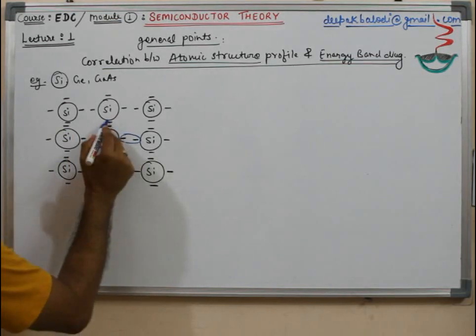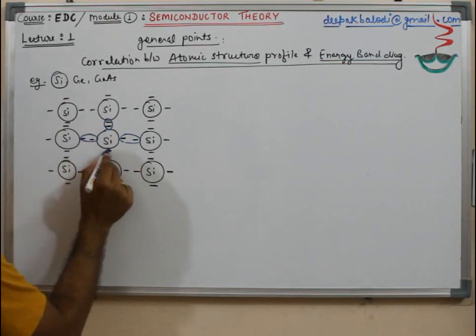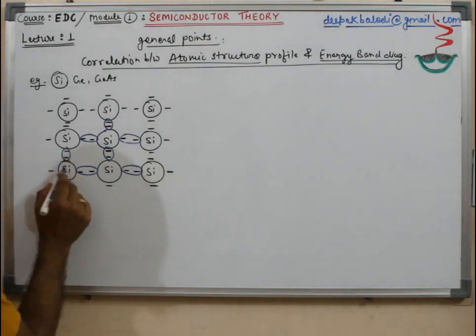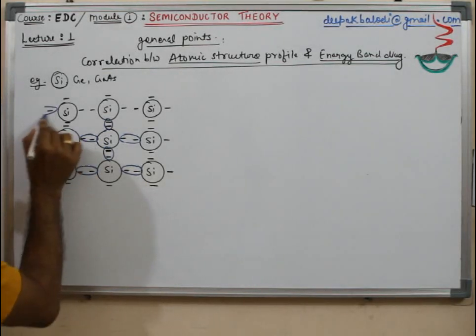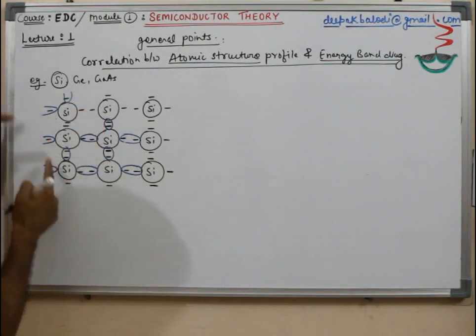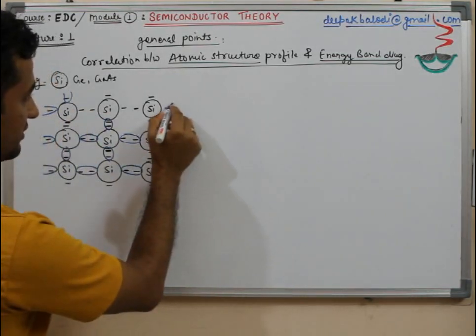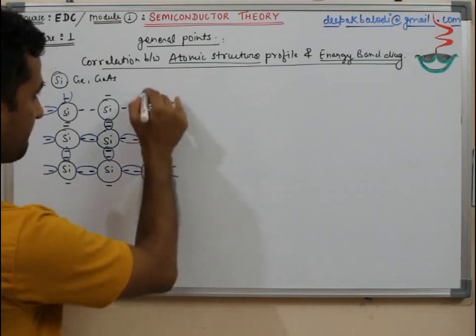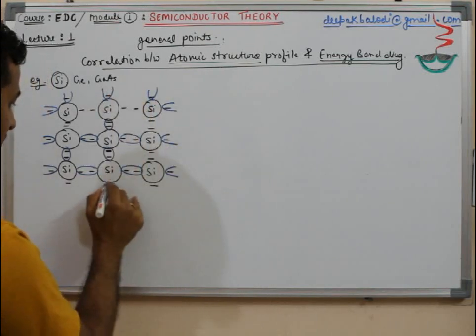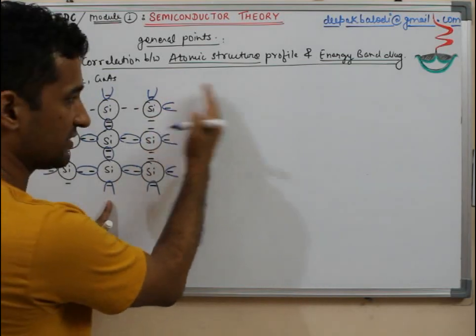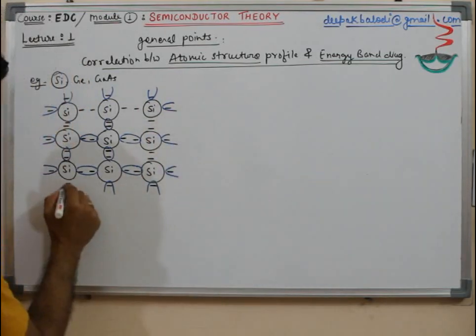These bonds are completed with the adjacent atoms, so those atoms are not visible here. They are not broken bonds; they are completed with their neighbor atoms, which I have not shown here.